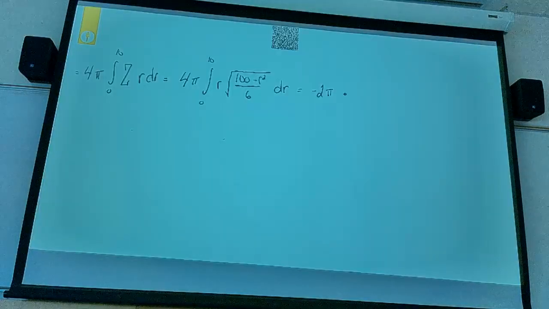So you have to multiply by minus 1/2. Antiderivative of square root of u. Two-thirds u to the 3/2. That will be evaluated 0 to 10 for R.